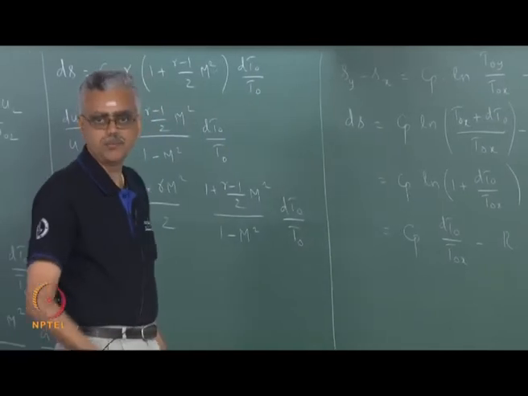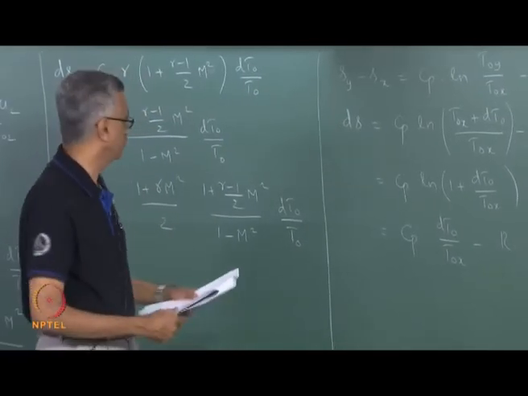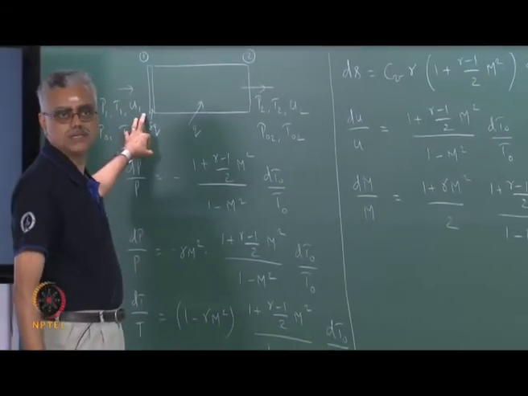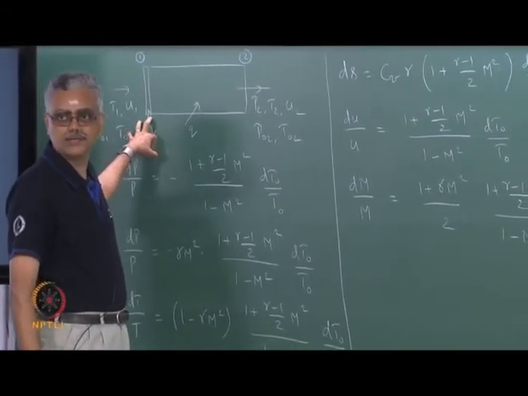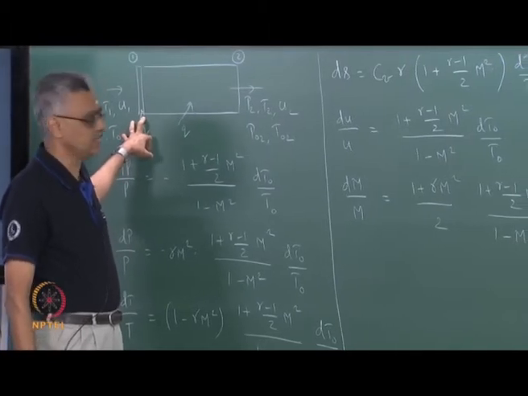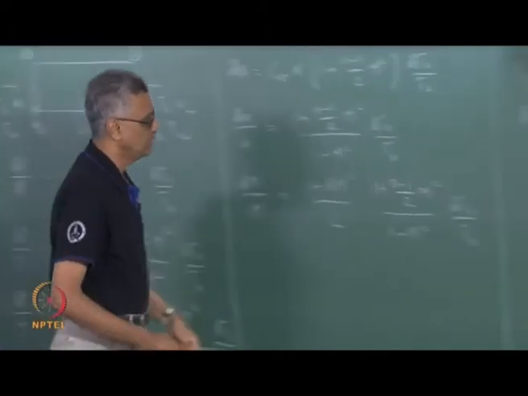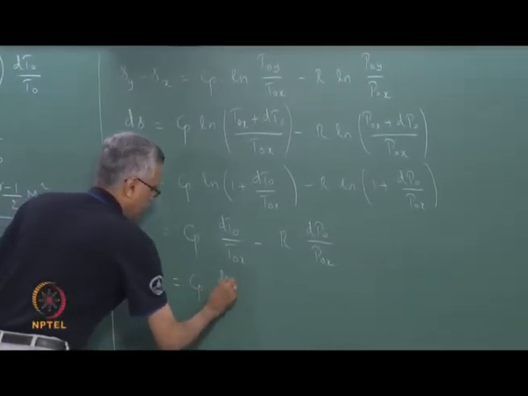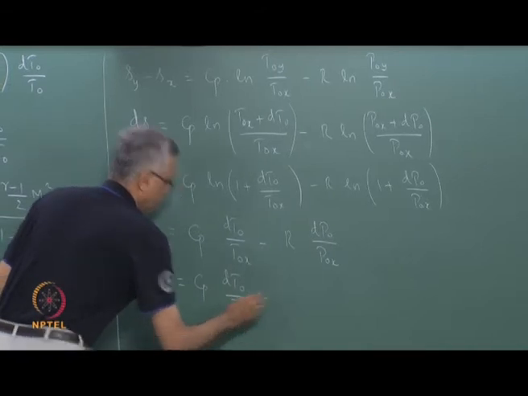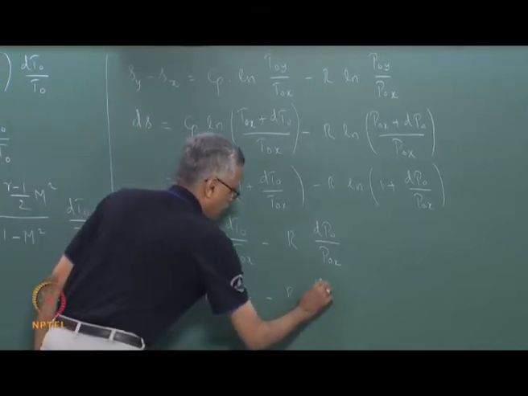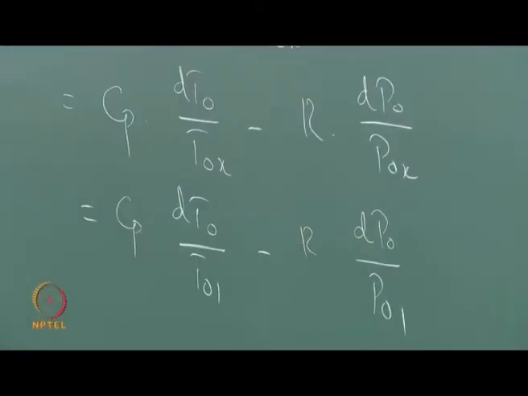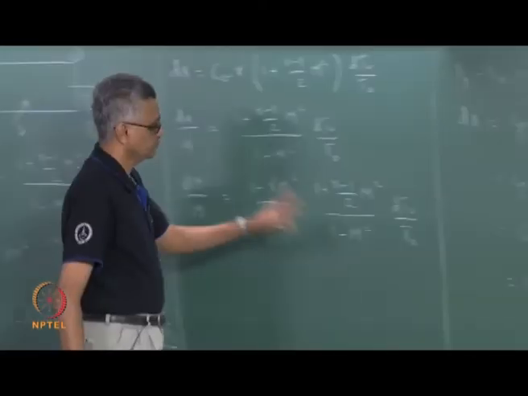Because I can easily replace x with 1 and I have what I want. So basically what we are looking at is the following. If this is state 1 and I add an incremental amount of heat, that results in an incremental change in stagnation temperature dT0. So ds is going to be Cp times dT0 divided by T01 minus R times dP0 divided by P01.